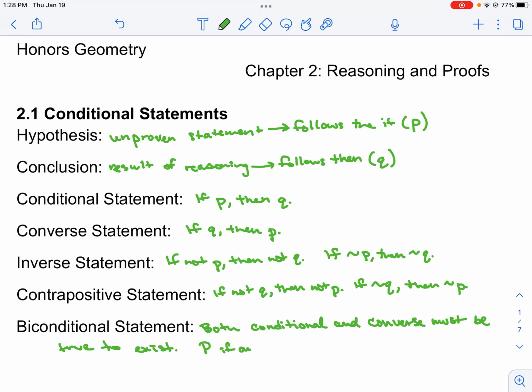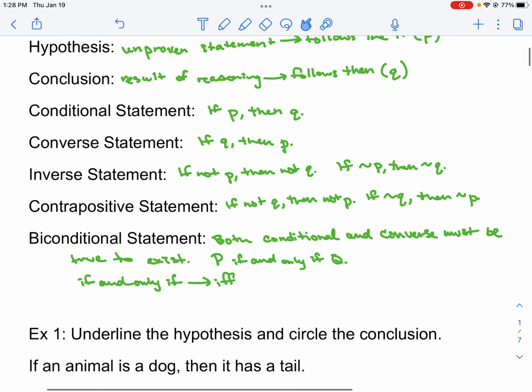It'll be P, if and only if Q. Sometimes you will see if and only if written as iff. Just something to note, you might see it that way. I have a tendency to write it with the double F just because it's shorter. So just giving you a heads up, you can by all means write if and only if out. That's not a big deal. But in order for a biconditional, both the conditional and the converse must be true.